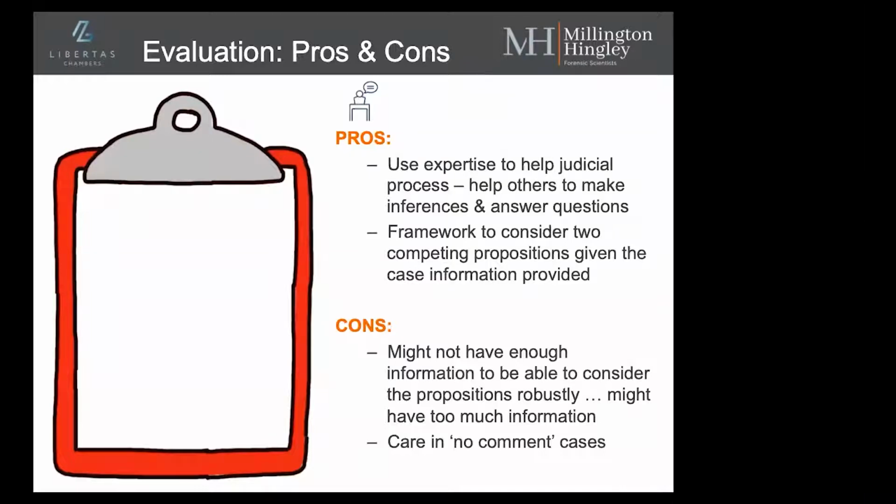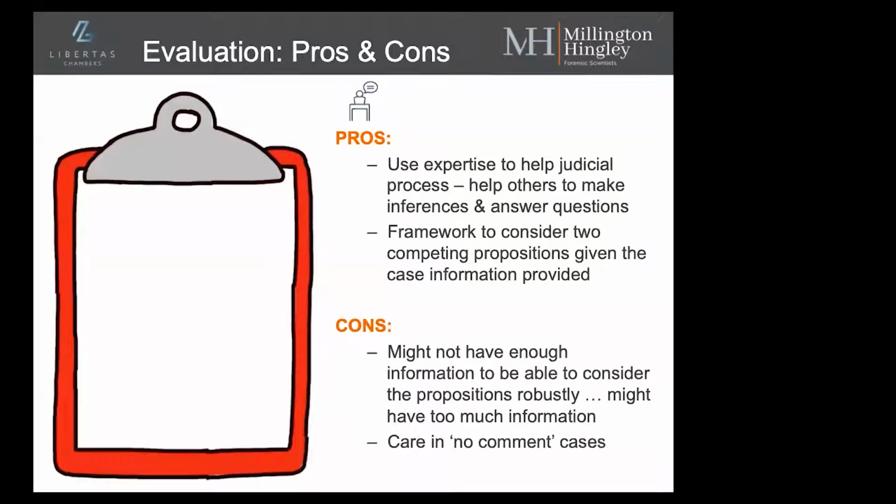The best way, the most robust way, of course, is to evaluate the scientific findings against a framework of competing propositions, given the case information that's provided. Now, the cons are that we might not have enough information to robustly consider those propositions. We might have too much information, we might be saturated with it.